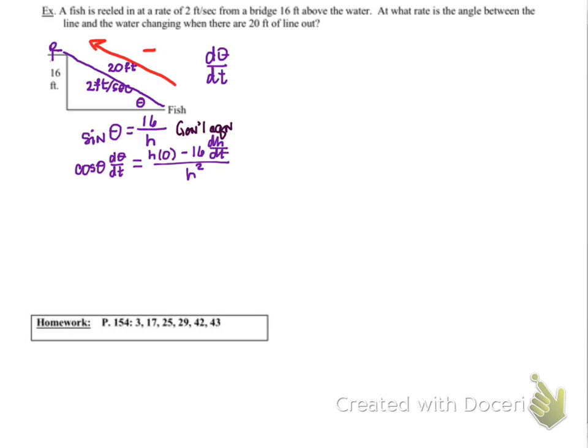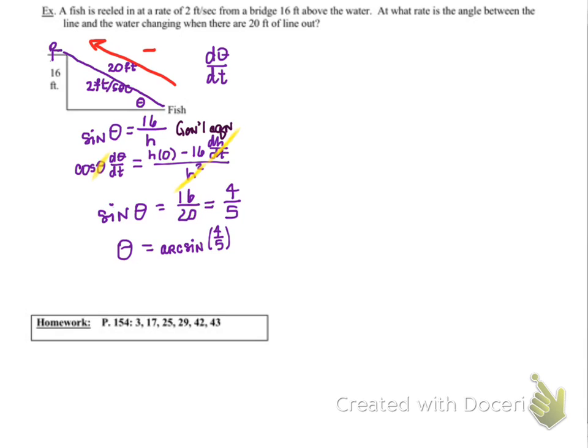So we know in the problem what dh dt is. We know from the problem what h is, and we can figure out from the problem what theta is. So I'm going to write all that information down quickly. So at this given moment in time, the sine of theta is 16 over 20, which simplifies to 4/5, which also means that theta is arcsine of 4/5. If we know what the arcsine is, we can figure out what the cosine is.